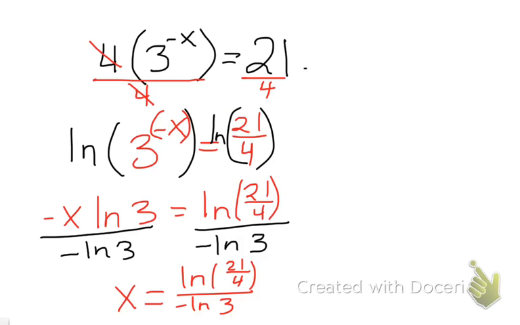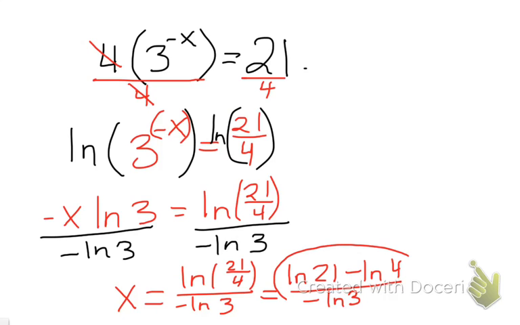If we wanted to expand that numerator a little bit, we can apply the quotient rule of logarithms and say this is the natural log of 21 minus the natural log of 4, all divided by the opposite of the natural log of 3. So that's a very nice looking exact answer.